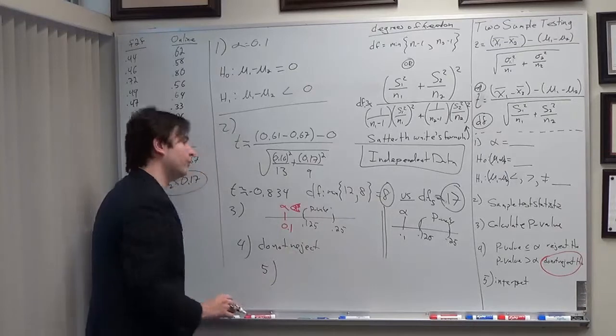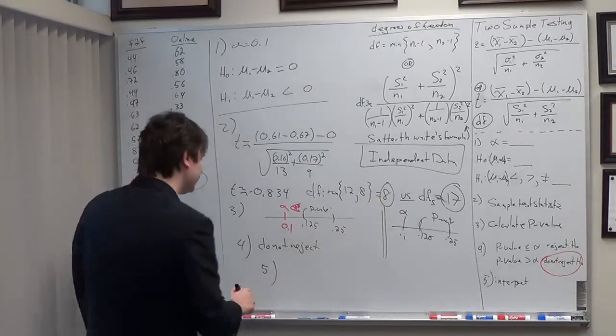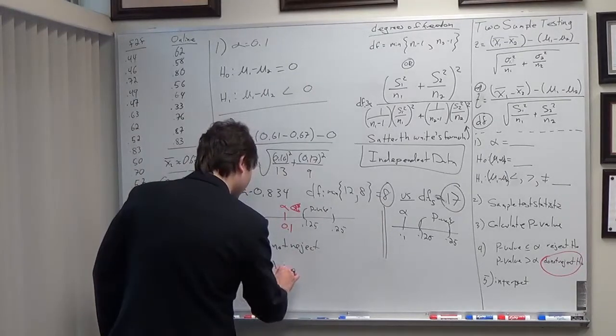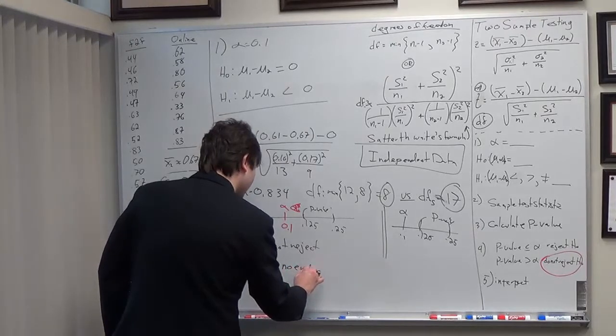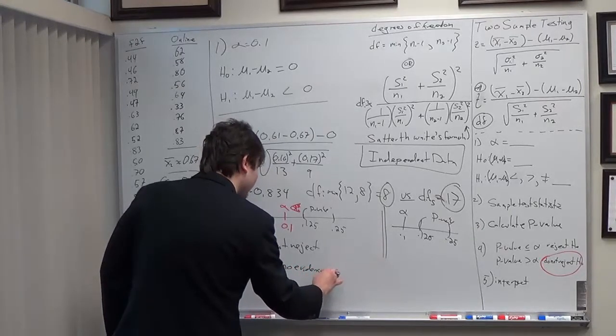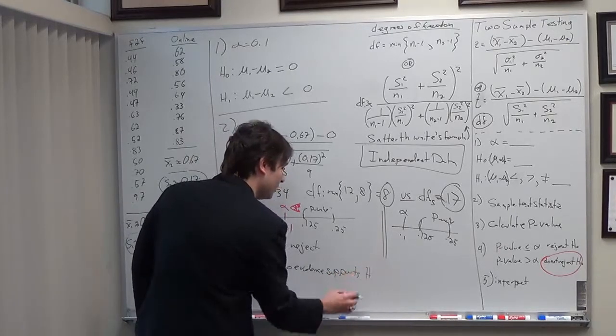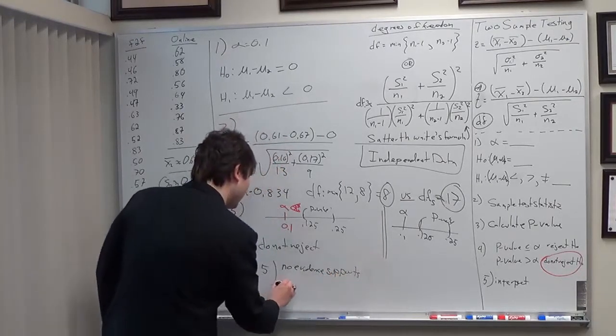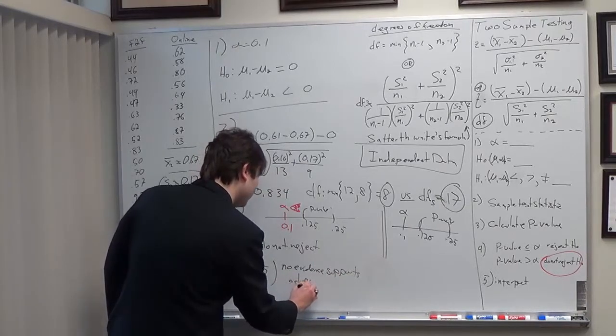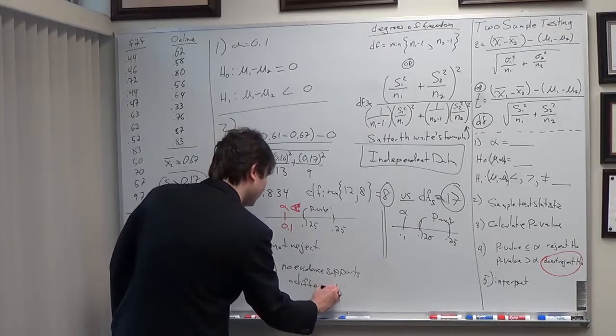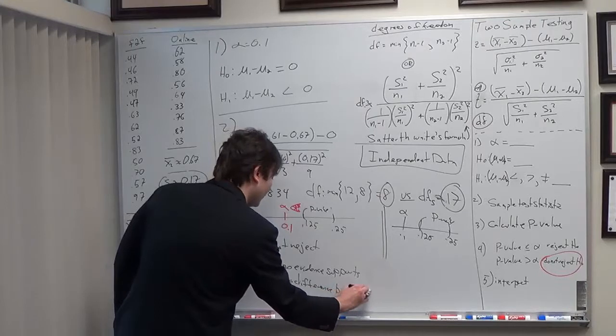Which means step 5, when we interpret, I would say there is no evidence. No evidence supports a difference between classes.